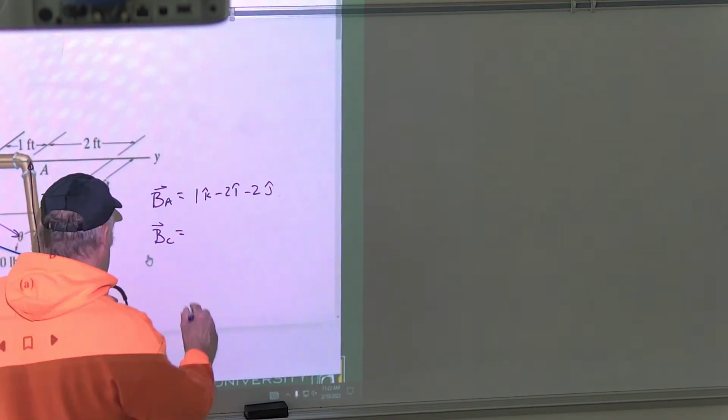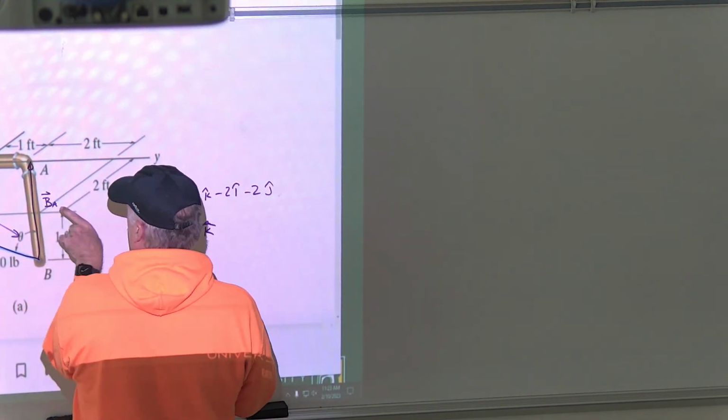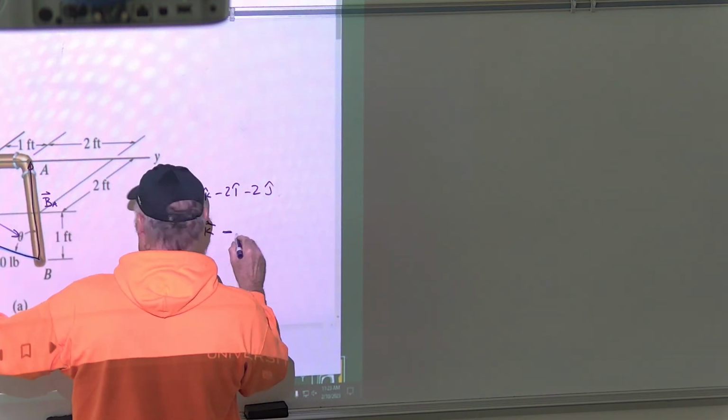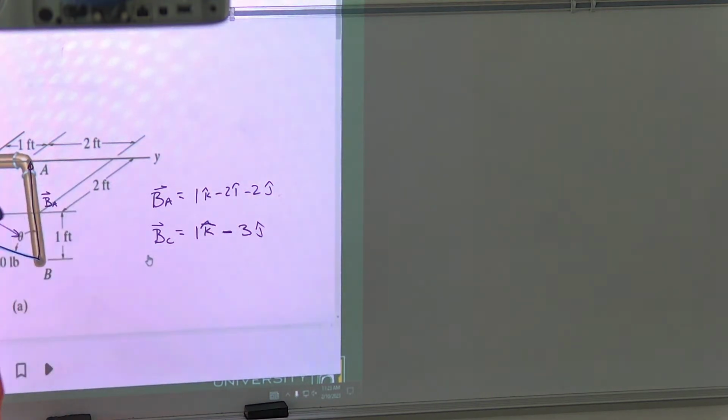So I need to come up 1, and then I got to go back 3 in the J. Did I get that right? I don't think I have to go up and down. Wait a minute. I don't think I have to go up and down the X coordinate, or out and back the X coordinate, from what I see.